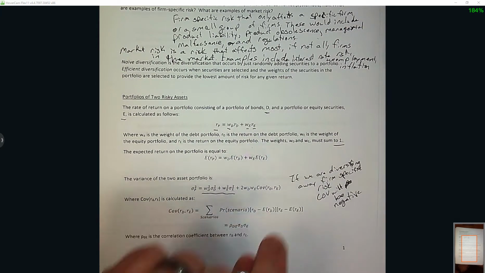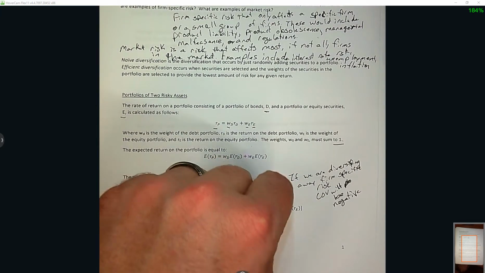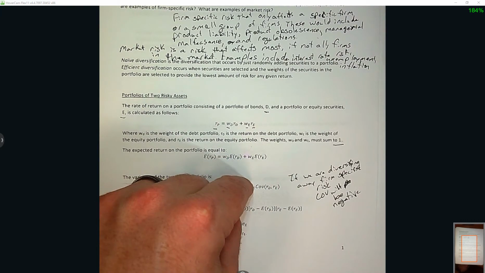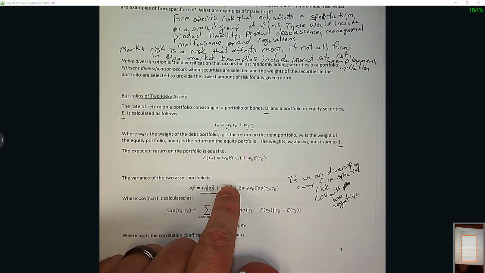If we have a positive covariance, that means they actually move together, and enough so that it increases the risk of the portfolio by combining them. We don't want to do that. At the very worst, we want that covariance to be equal to 0. We want that to be equal to 0 so it doesn't add additional risk to our portfolio.